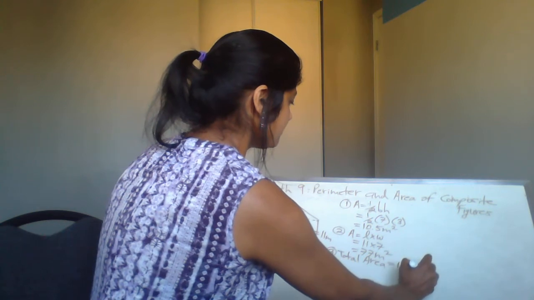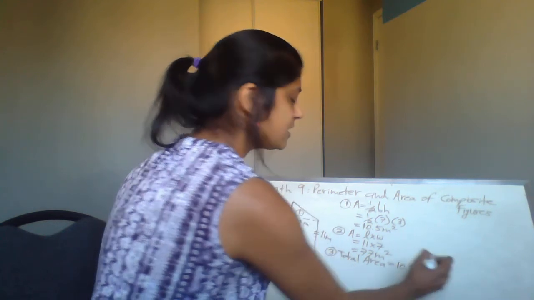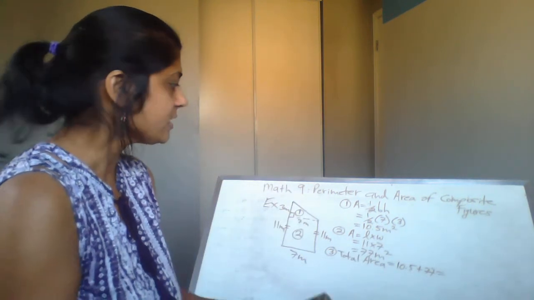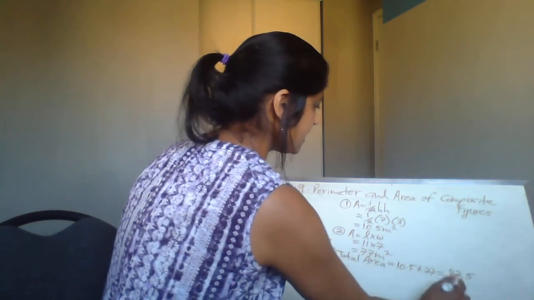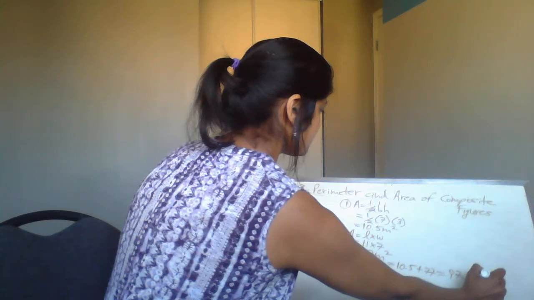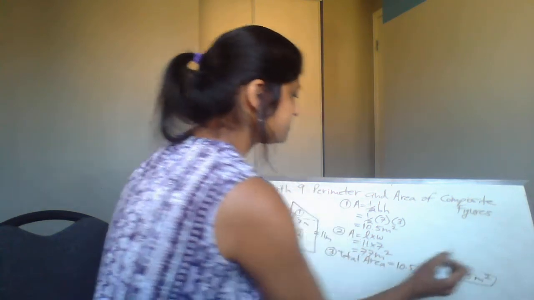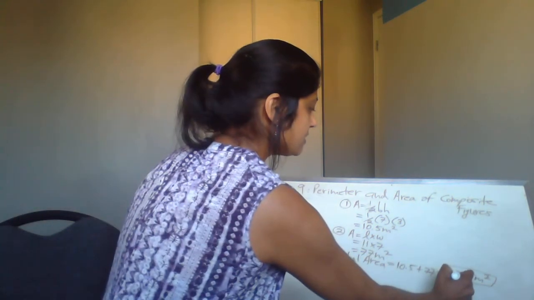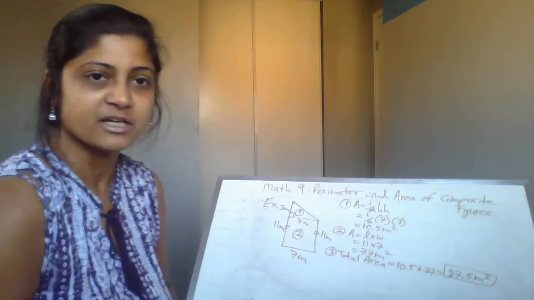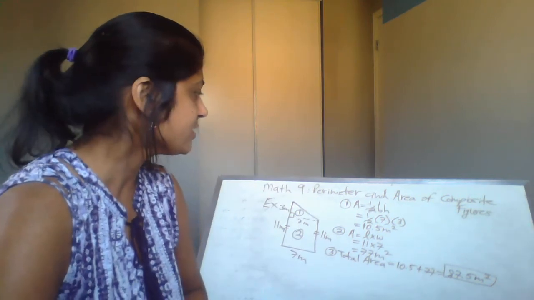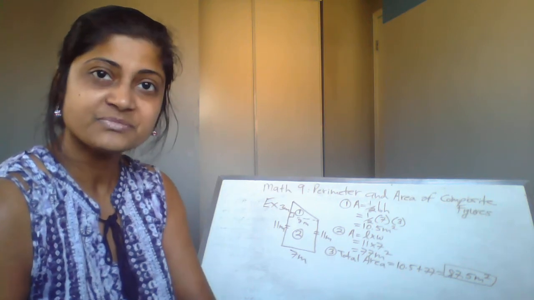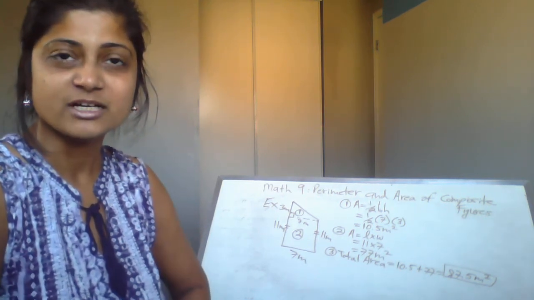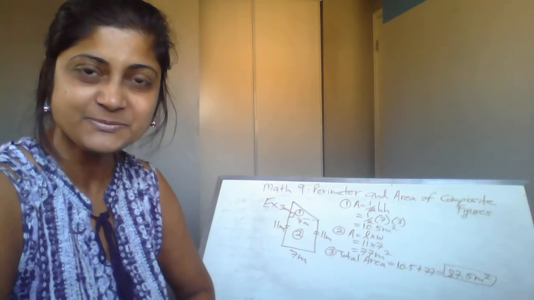So we're doing 10.5 plus 77. And it's okay if you write it on one side here. So I'll put 87.5 meters squared. And you notice I'm only boxing this because this is my final answer. So in the third step, I'm just adding the two areas of the shapes together, and that gives me my final area for the composite figure.